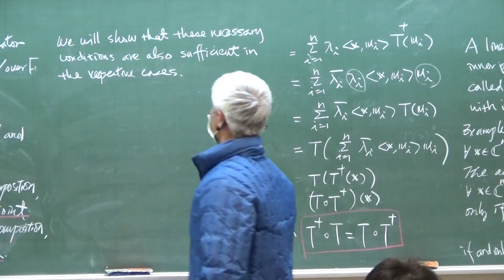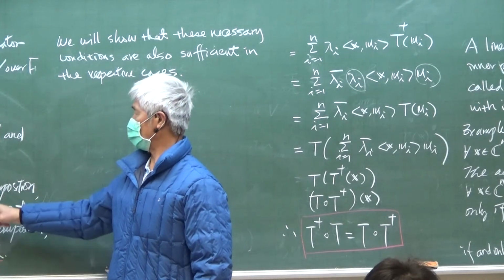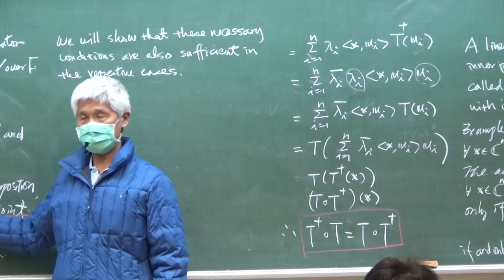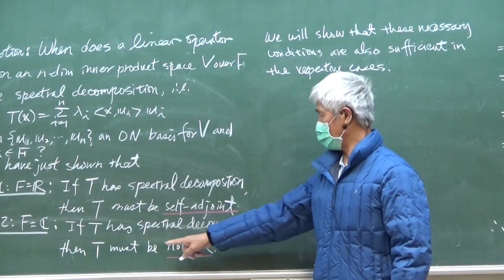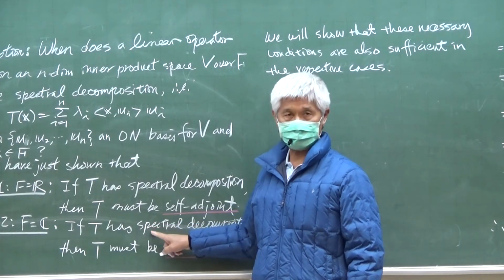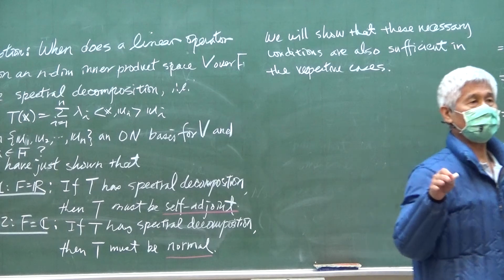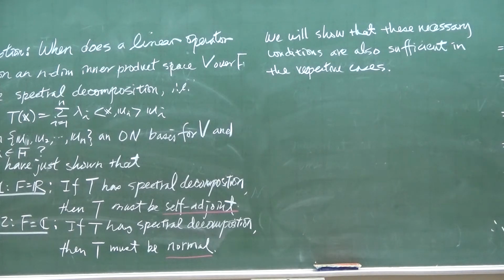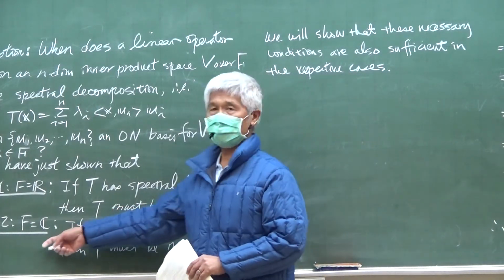So for the real case, if T is self-adjoint, then T has a spectral decomposition. And for the complex case, if a linear operator is normal, then T has a spectral decomposition. So we have to prove the reverse direction, and that is a little bit non-trivial. And we will work on the complex case first.